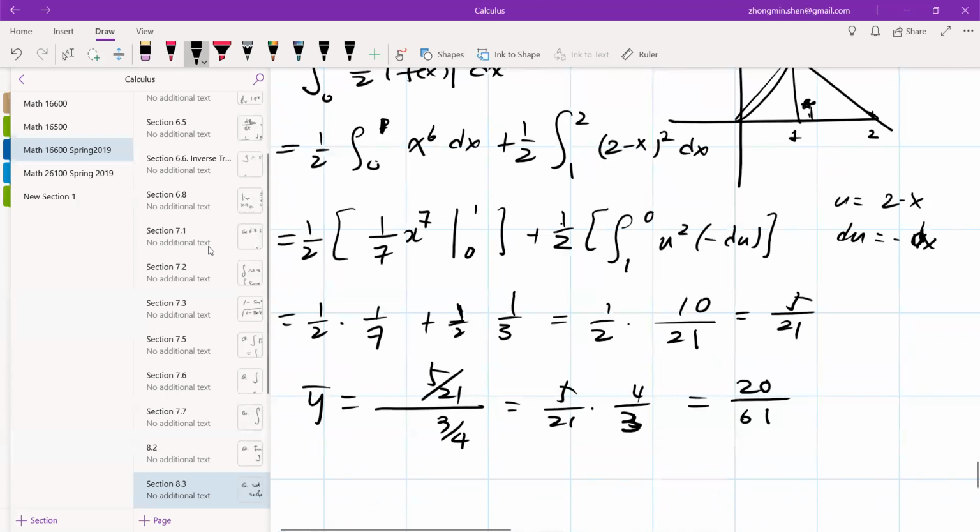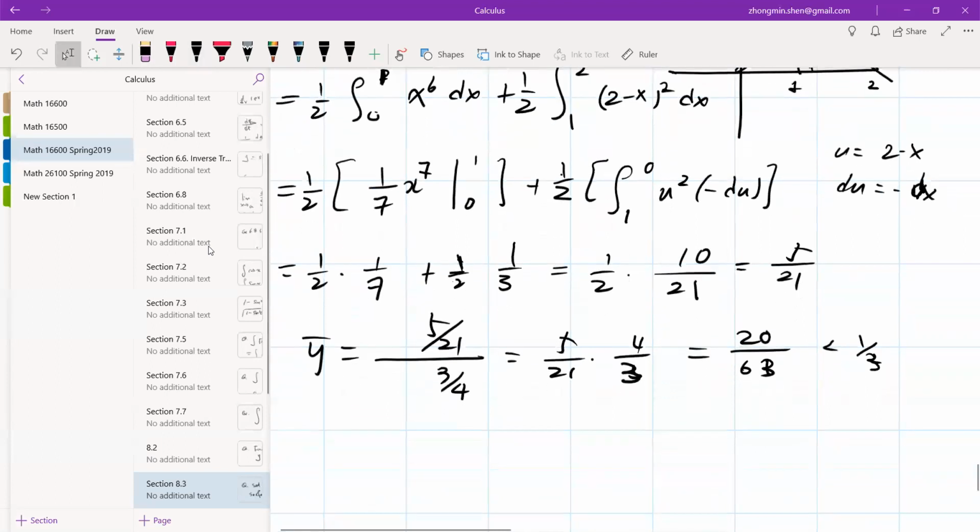That's 63. So this number is clearly smaller than 1/2, smaller than 1/3. I think it's reasonable.